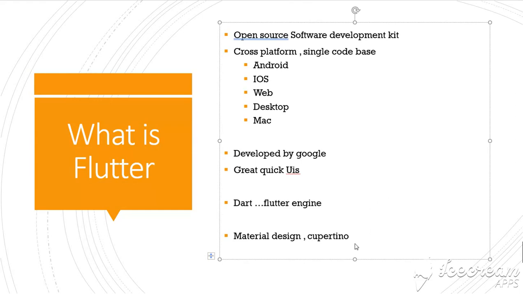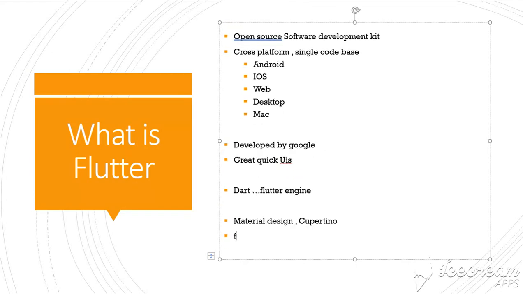And there is one important point. Flutter uses the foundation library. The foundation library is a set of classes, libraries, or functions that are written in the Dart programming language, and using these classes you can write Flutter applications.